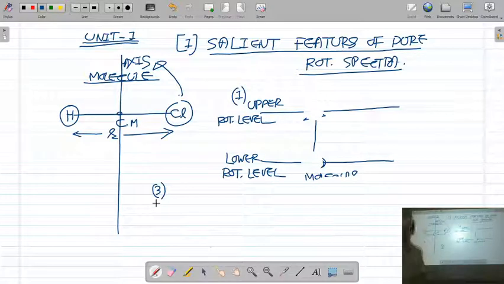The third feature is that only those molecules which possess a permanent dipole moment are able to give the rotational spectra.